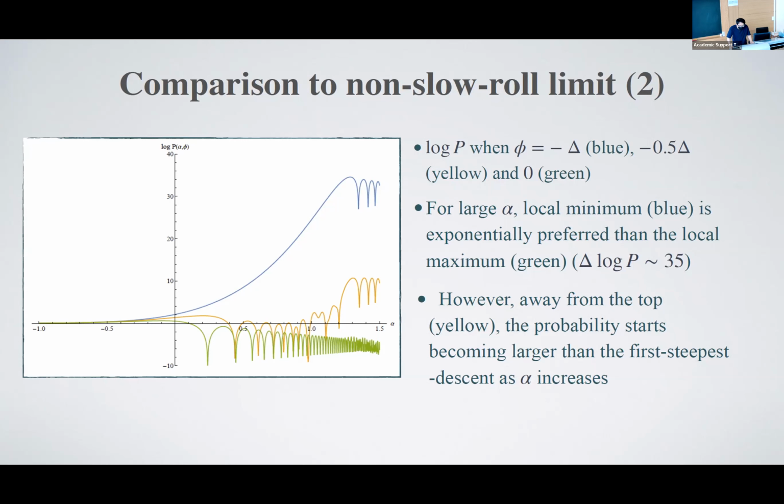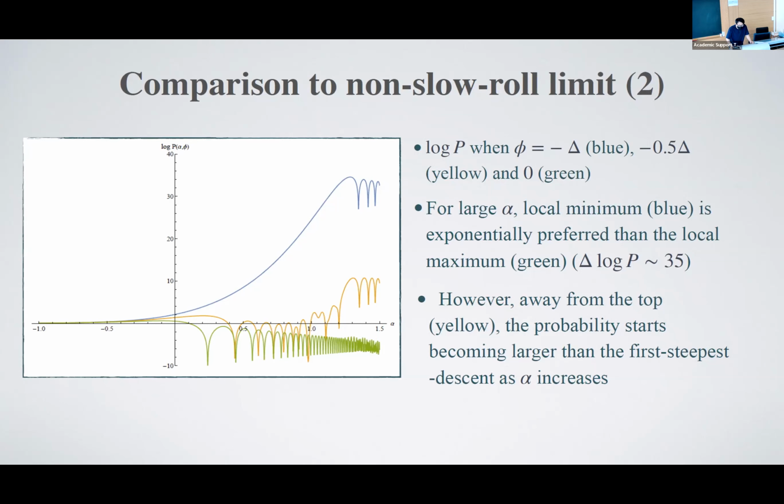First, you see that for large alpha, the curve at the local minimum potential, the blue curve, is exponentially steeper than the curve at the local maximum point, the green curve. But that is not interesting.